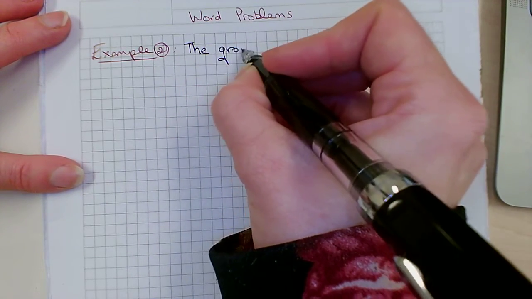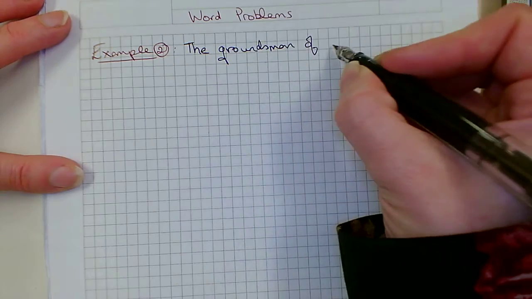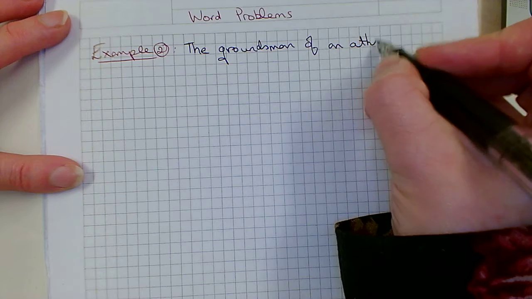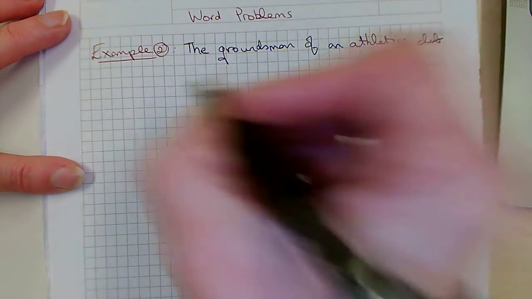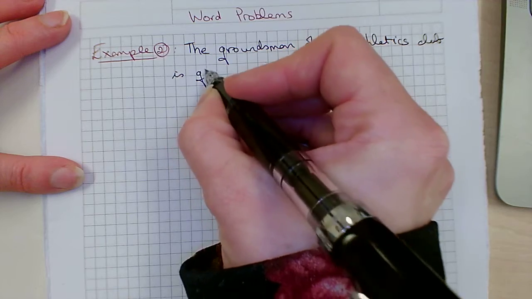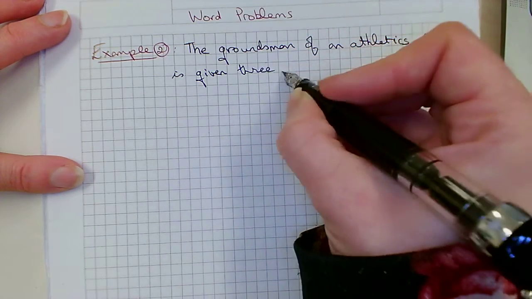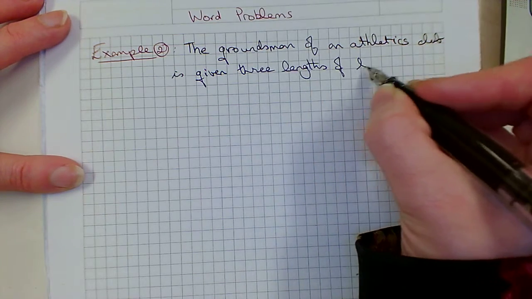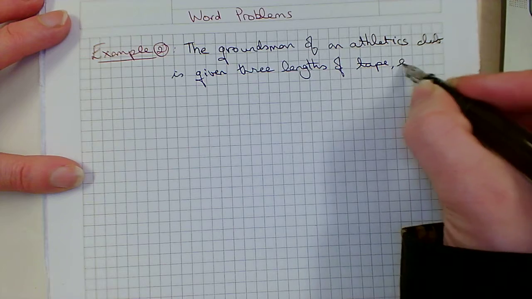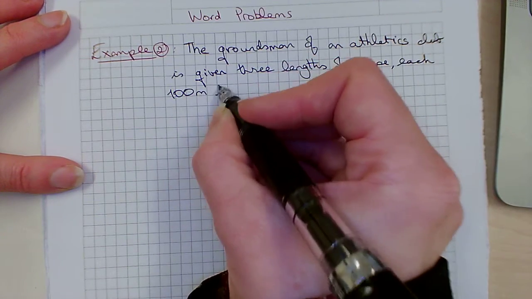This question. The groundsman of an athletics club is given 3 lengths of tape and each one is 100 meters long.